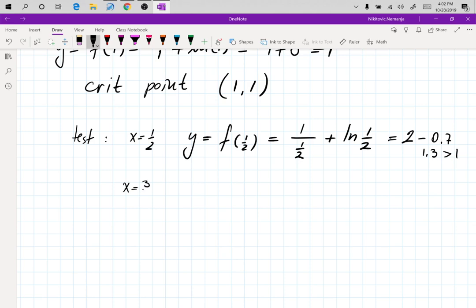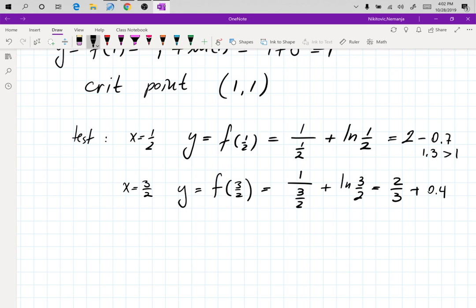x equals 3/2. So y equals f of 3/2. We have 1 divided by 3/2 plus ln of 3/2. Now ln of 3/2 is going to be a positive number because 3/2 is bigger than 1. So we have 2/3 plus ln of 3/2. So ln of 1.5, and that's going to be 0.4.